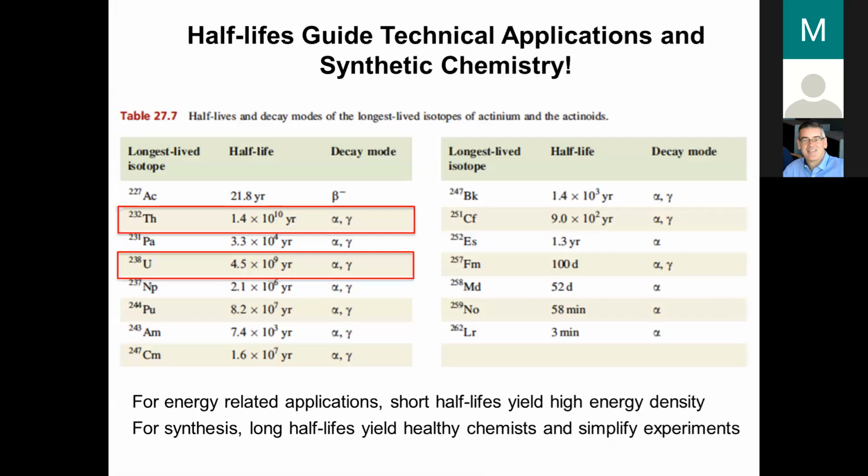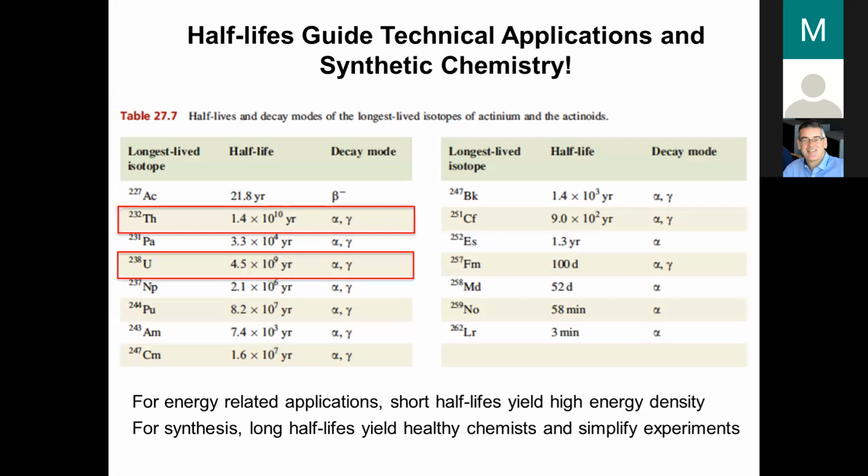So as he investigated the physical properties and the chemistry of many of the actinide elements, we can have another look at the table showing us their half-lives and their predominant decay modes for the major isotopes.